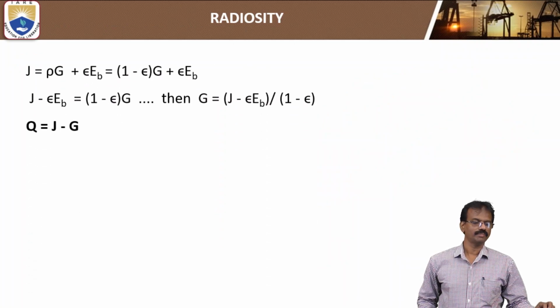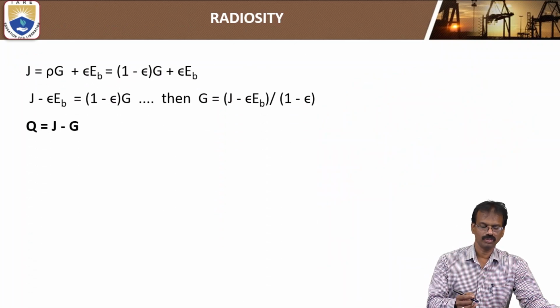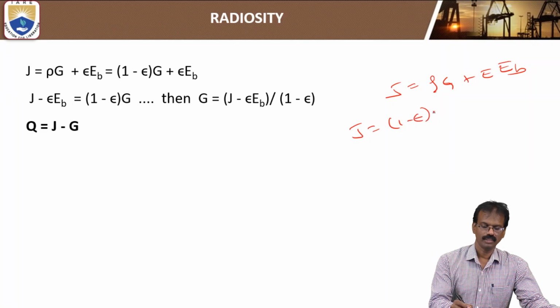We know that J is equal to rho G plus epsilon EB, where the first term is the reflecting energy and the second is the emitting energy. According to Kirchhoff's law, rho is 1 minus epsilon, so J is equal to (1 minus epsilon) G plus epsilon EB.